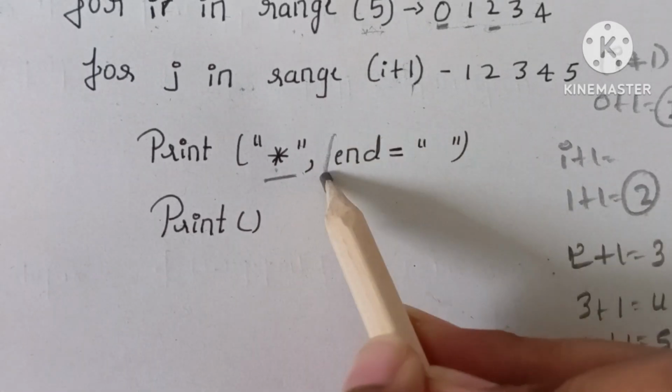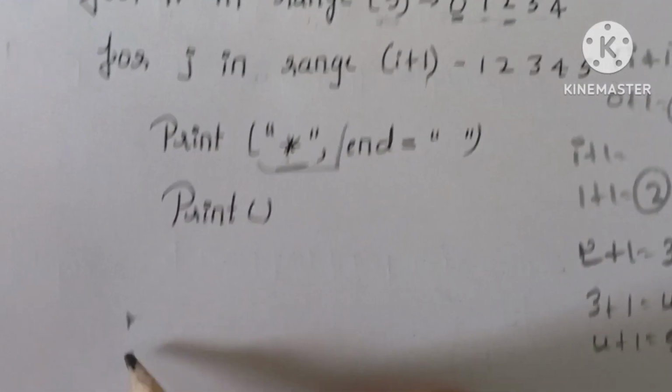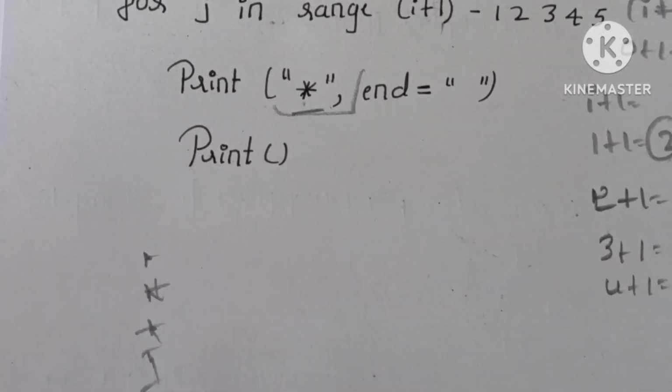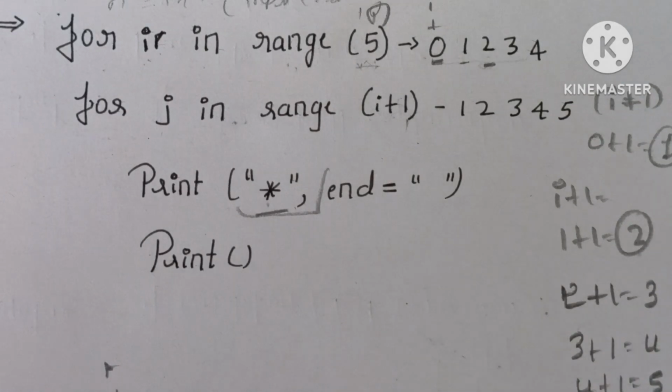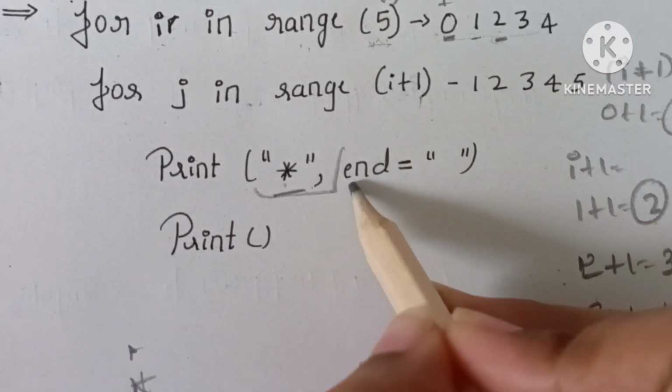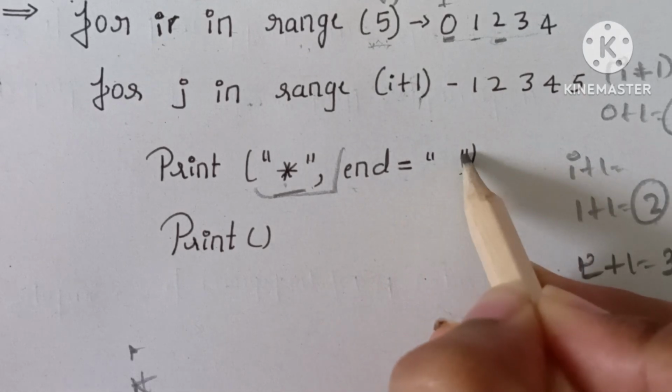If you only write this star, it prints serial wise. But we need all the stars to print on the same line, for that purpose I need to write end equal to double quotation marks.